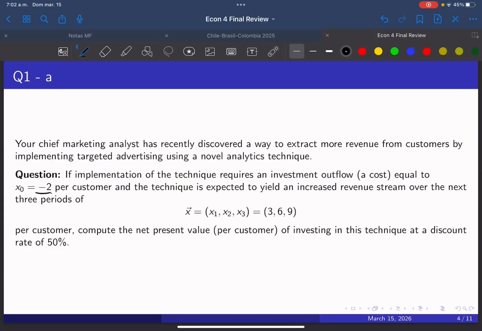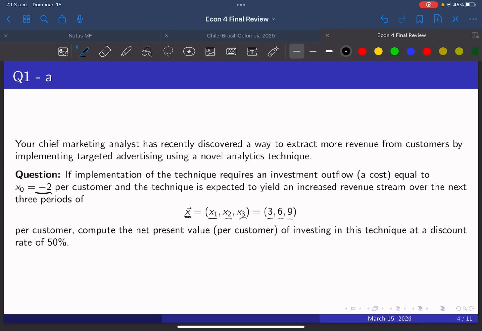Remember, this is a revenue stream, so it's a series of payments, with 3 periods, x1, x2, and x3. The payments coming from this new technique are $3, $6, and $9 in each of these periods per customer.